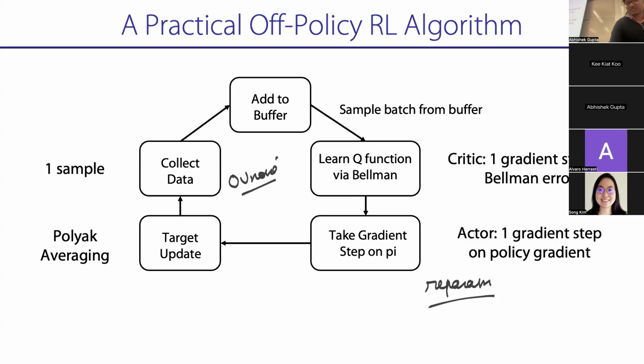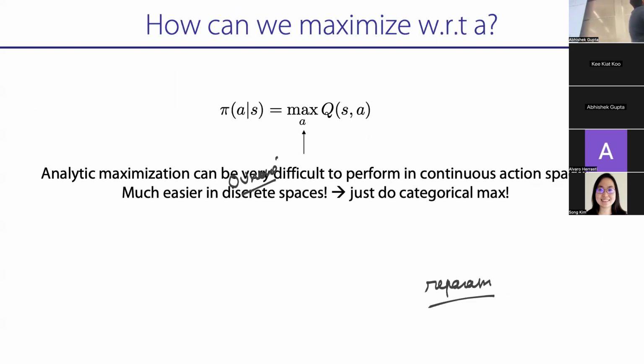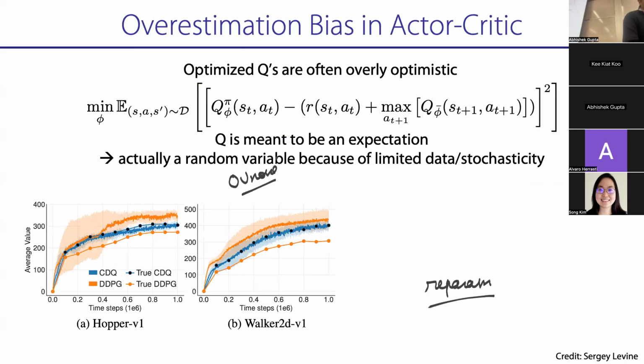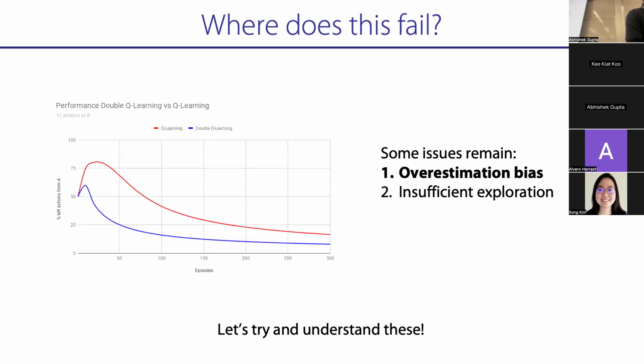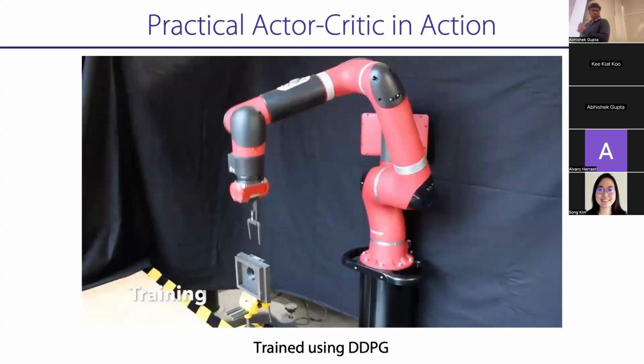And that's how you can get a bunch of stuff to work on robots. So now you've gone from several hours of training to... not minutes, still hours, but from hundreds of hours to tens of hours.